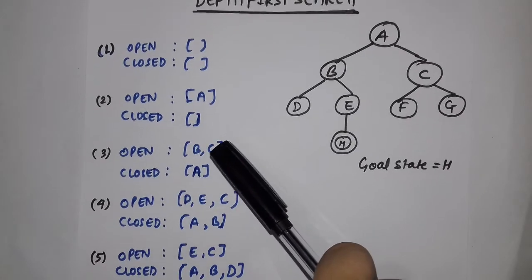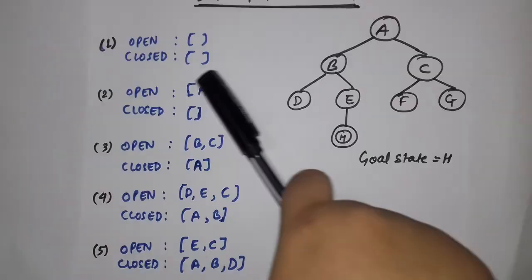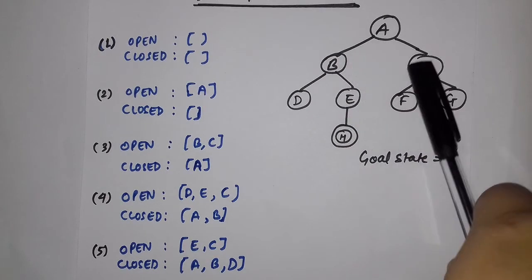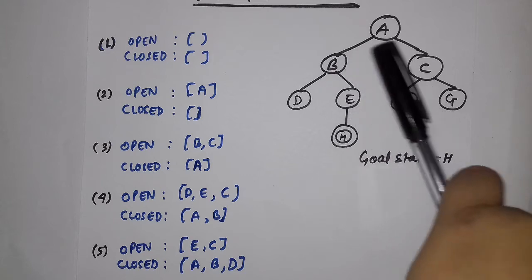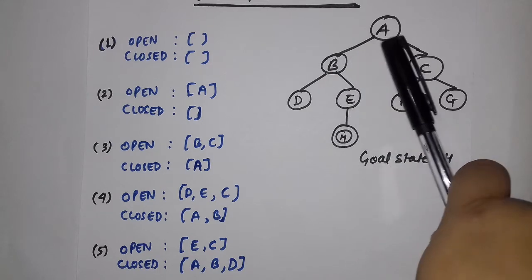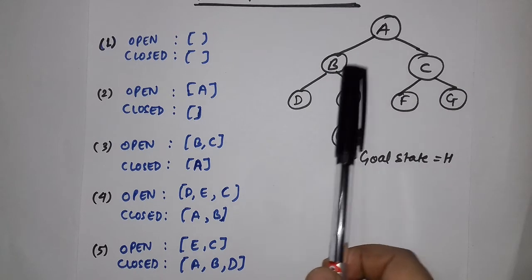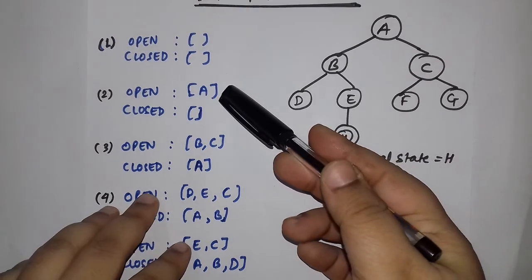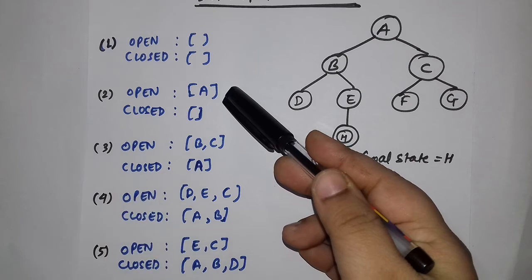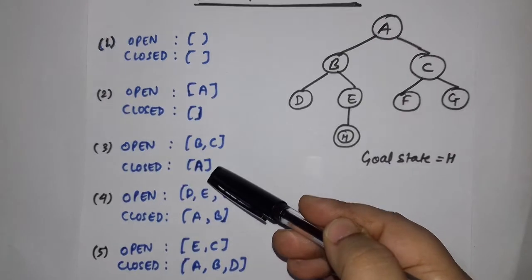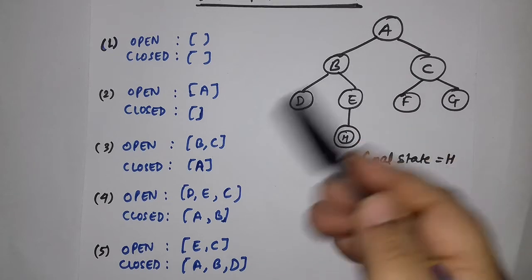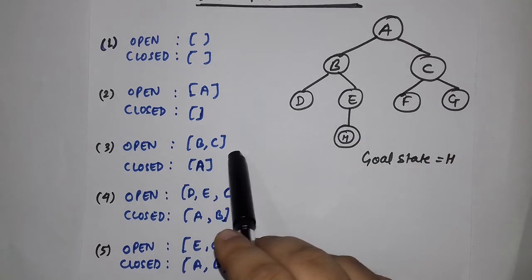Then as soon as we have completed the traversal of A, we will move to the children vertices or the children nodes of A, and the children of A are B and C respectively. So now we will directly move the element A to the closed list, and the children of A, B and C, will come to the open list.